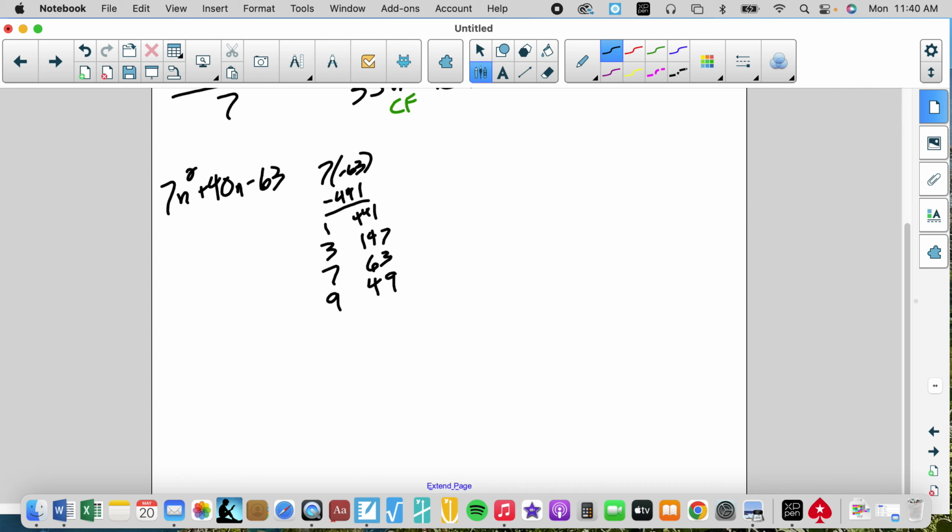There it is, signs are different. Bigger's positive, and that gives us 40. So those are our two factor pairs.